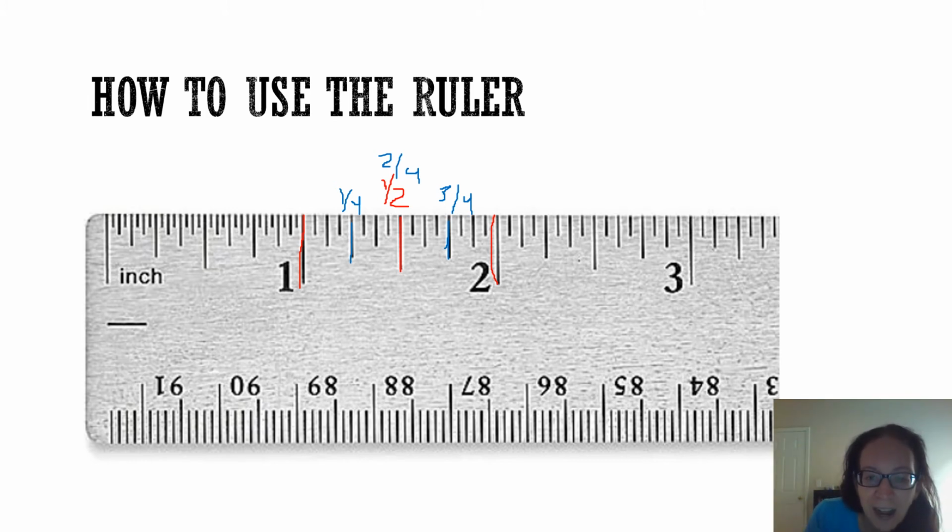Then they divide again, and the next tallest set, these represent your 1/8 of an inch. And you'll notice none of them are marked. Okay, so after you have the numbers for the inches, none of the other lines are actually marked with the intervals that they're measuring. And so you need to know what they are.